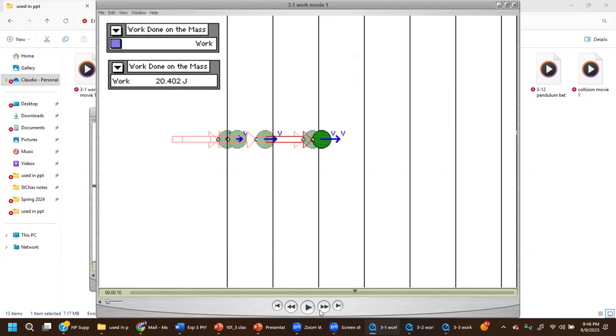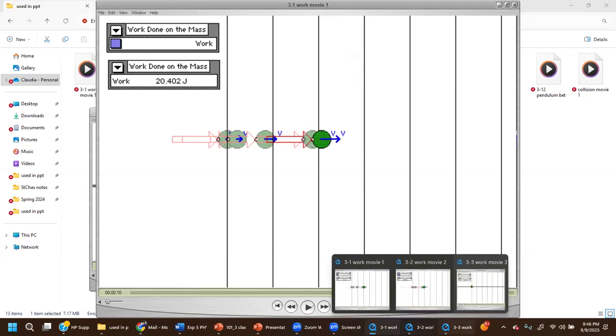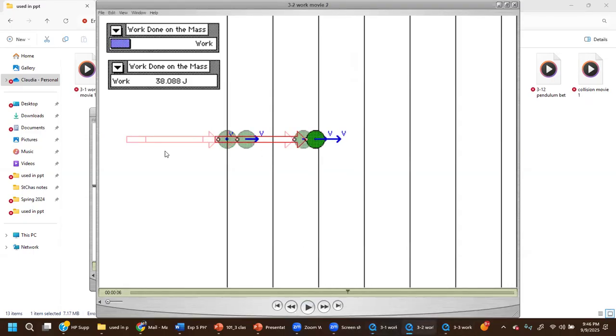There's a distance. In this case, we spend 20.402 joules. It's almost double the other one because we have twice the force. Same mass, same distance, but this time because we have twice the force, our work done on the mass is twice as much, almost.